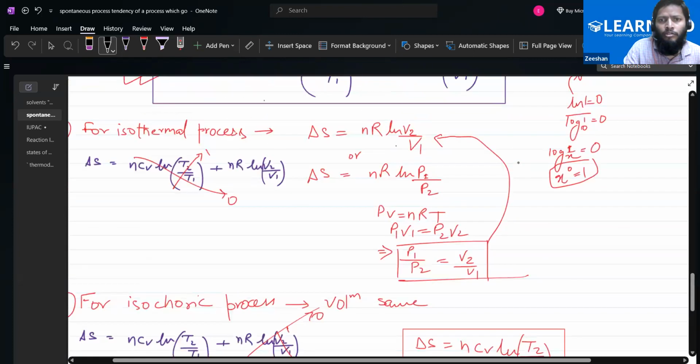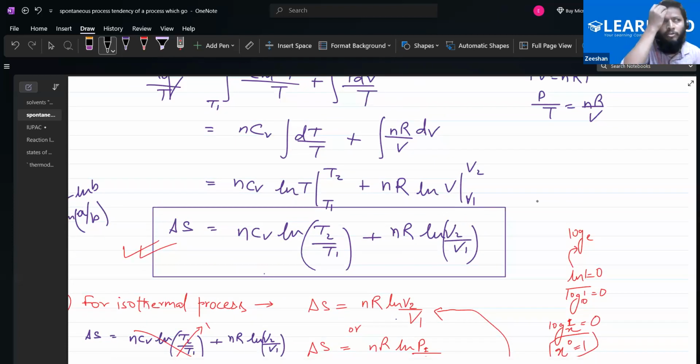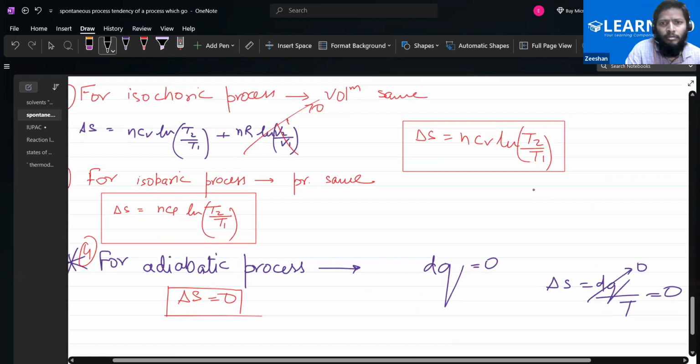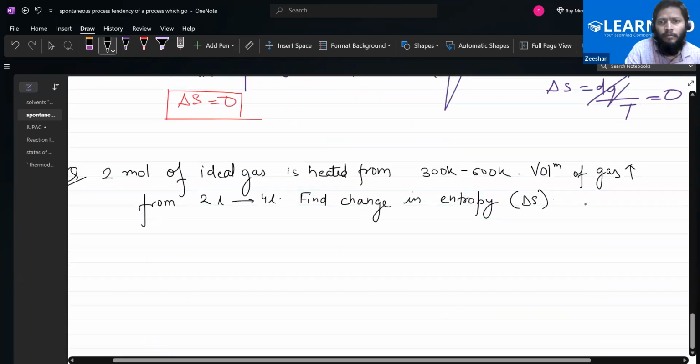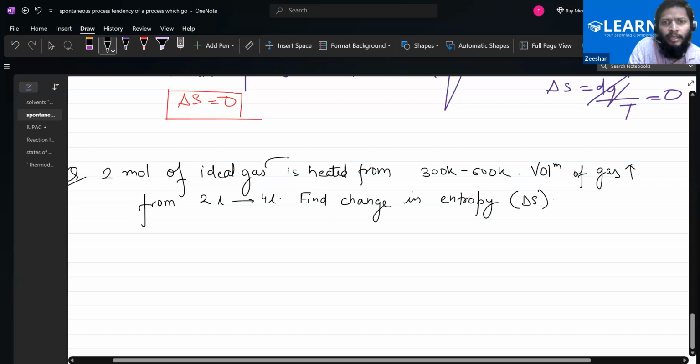You have to use this formula on the screen and solve the question. The ideal gas taken is monoatomic. This is also given. This is required to solve your question.